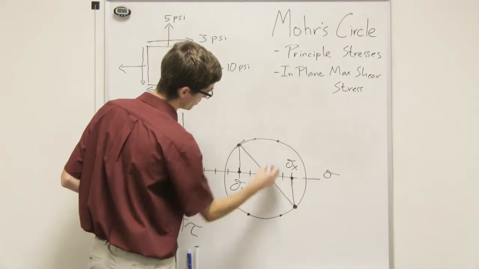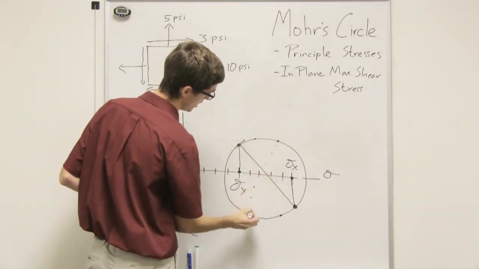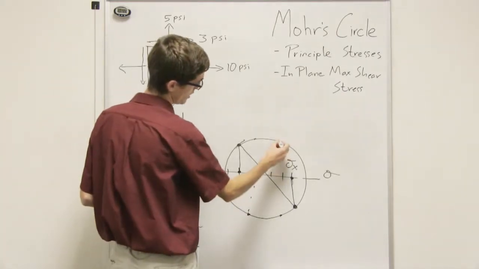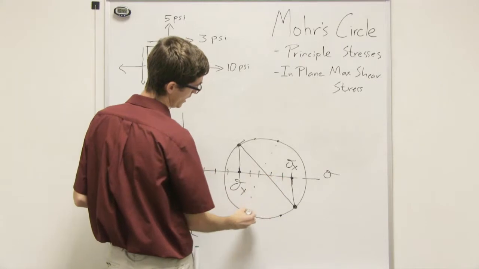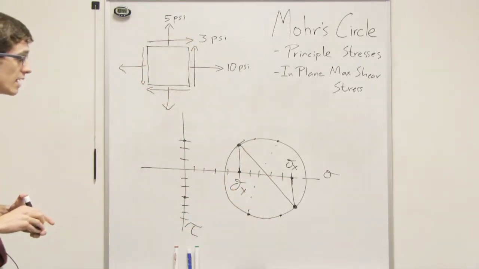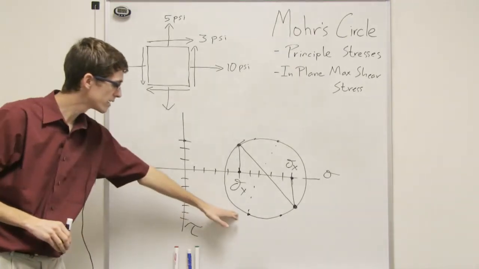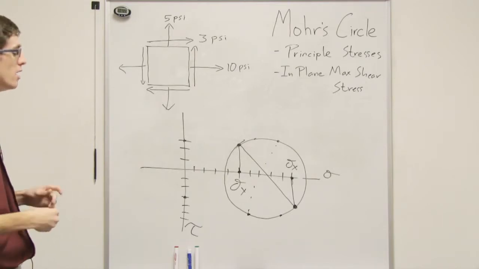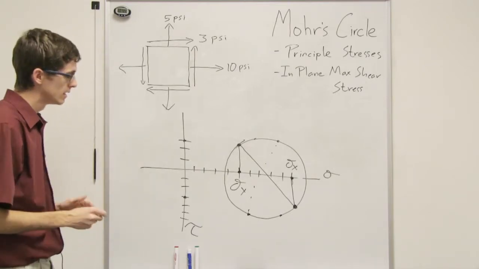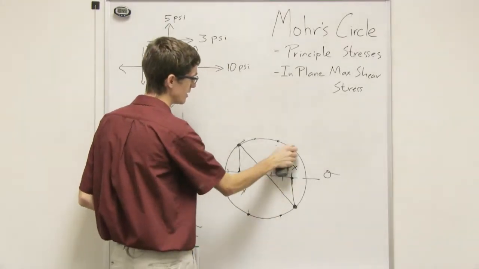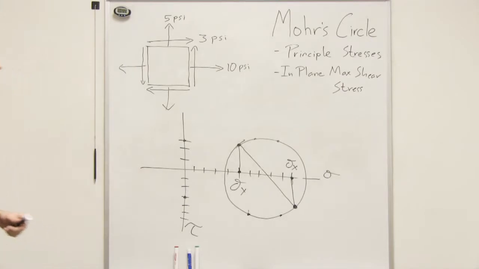If we rotated it so much that it's oriented like that, then our normal stresses would be something like 8.5 and 5.5, 6.5 or something like that, and our shear stress would be less than 4, maybe 3.2 or something. So that circle is what we'll use now to find our principal stresses and our in-plane shear stresses.